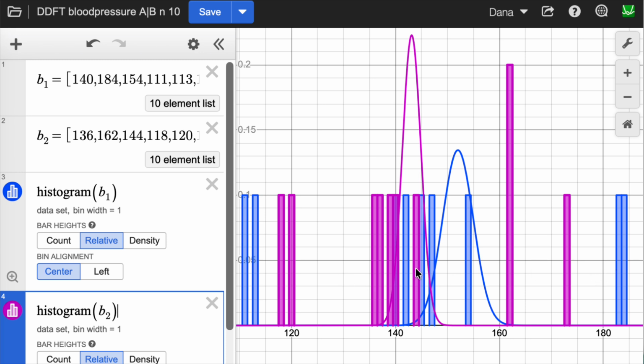And they're scattered all over the place. You've got blue and magenta all mixed together there. And our mean for the magenta is that 143. It is slightly less. And the mean for the blue is slightly larger. But remember what we're trying to do here.